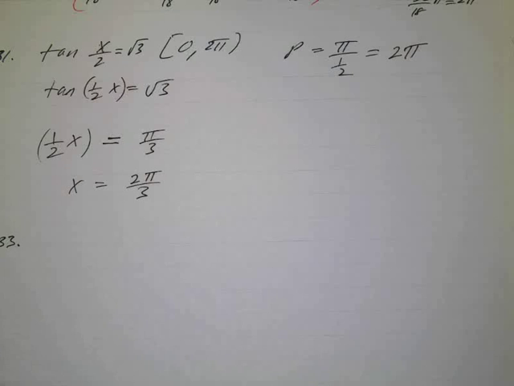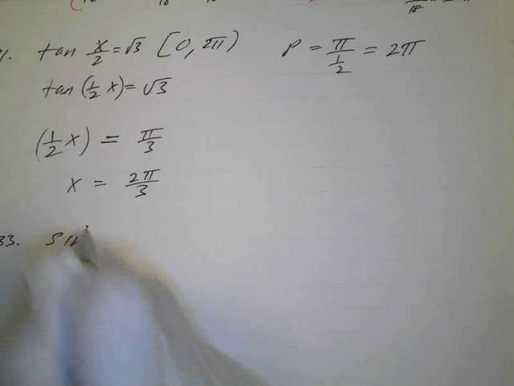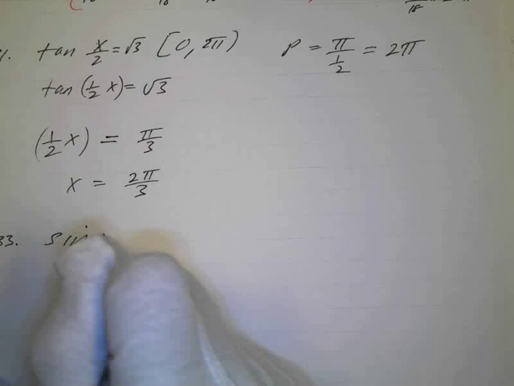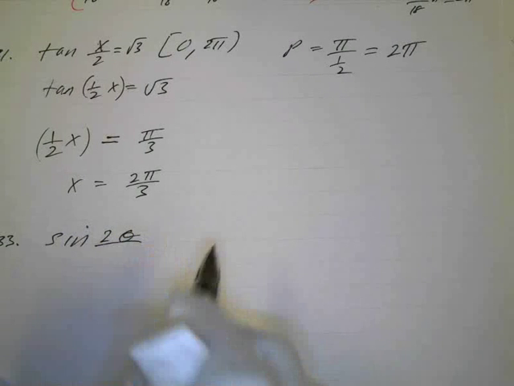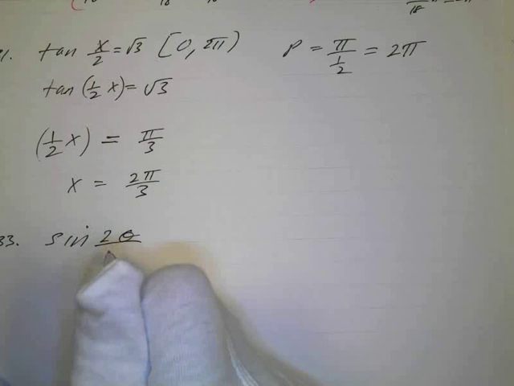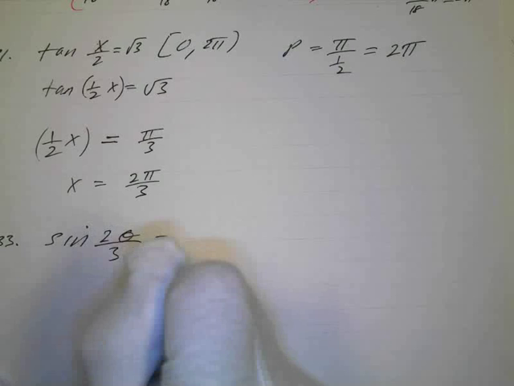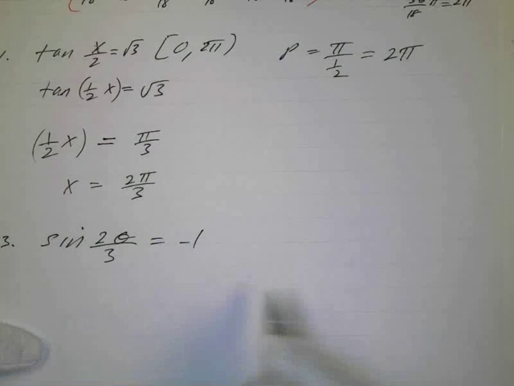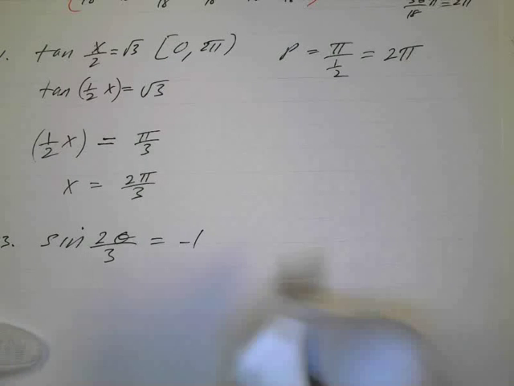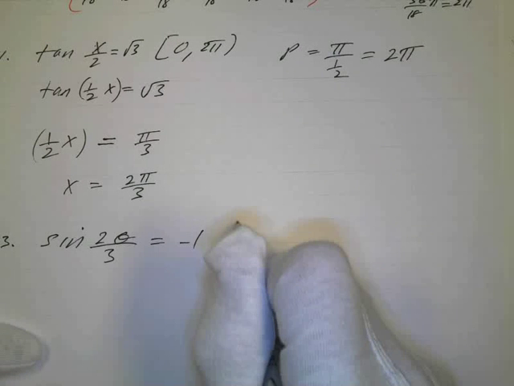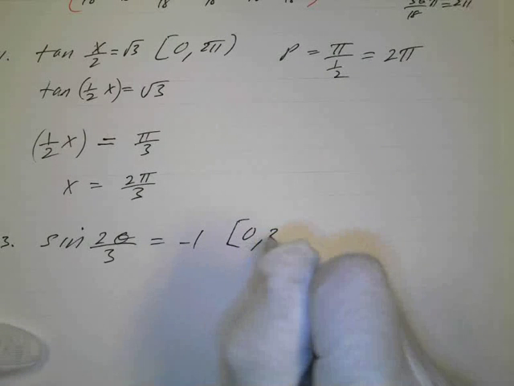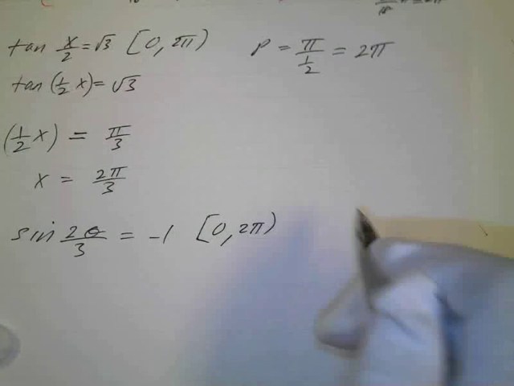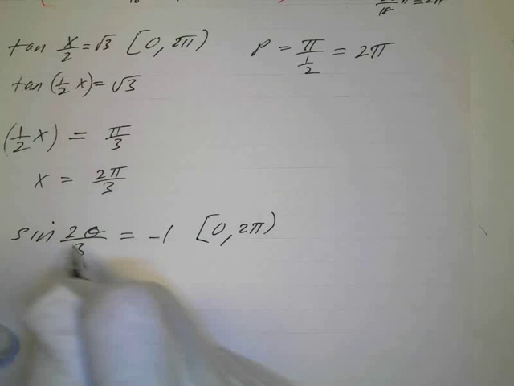Number 33. And this is going to be the sine of 2 theta all over 3 equals -1. Now we're back to a period of 2 pi for the normal period. So again, we're on this 0 to 2 pi restricted domain.